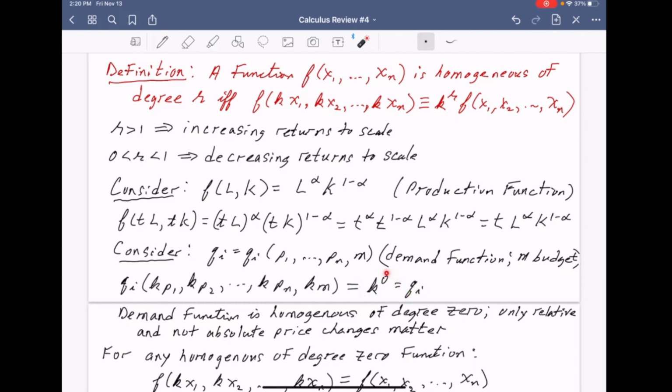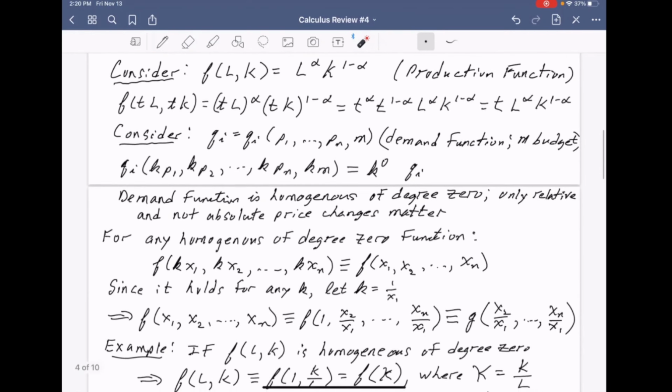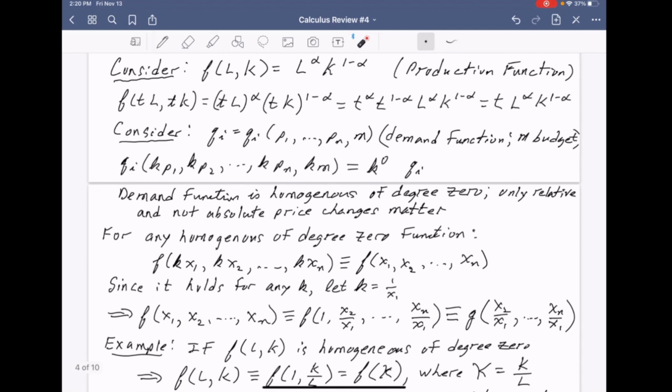So it is k to the power 0. So what we have is a homogeneous of degree 0 function. Okay, so the demand function then is homogeneous of degree 0. Only relative and not absolute price changes matter.